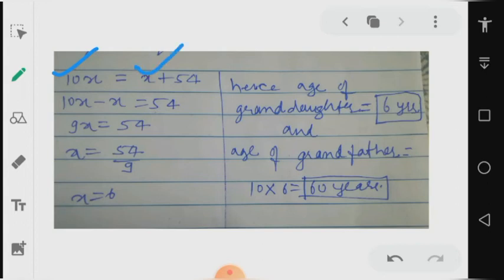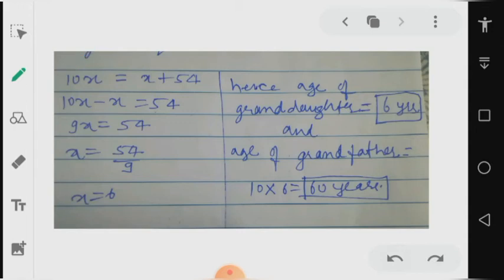Now for this condition we have to write 10x equals x plus 54, because 10x is the age of the grandfather, x is the age of the granddaughter, and the grandfather is 54 years older.